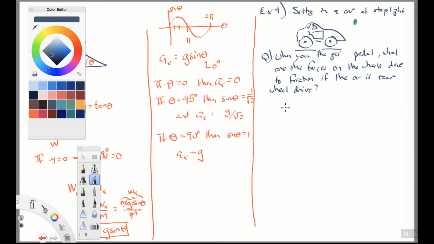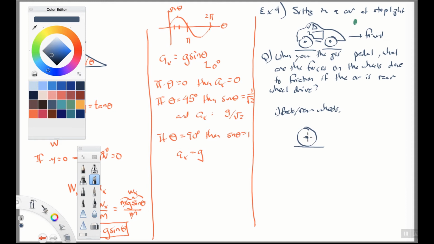Let's think about the wheels separately. Let's first of all consider the back or the rear wheels. So let me just draw a picture of this back wheel. What happens when you hit the gas pedal? Your engine turns and the axle immediately begins rotating. This is the forward direction, the direction you want to go.